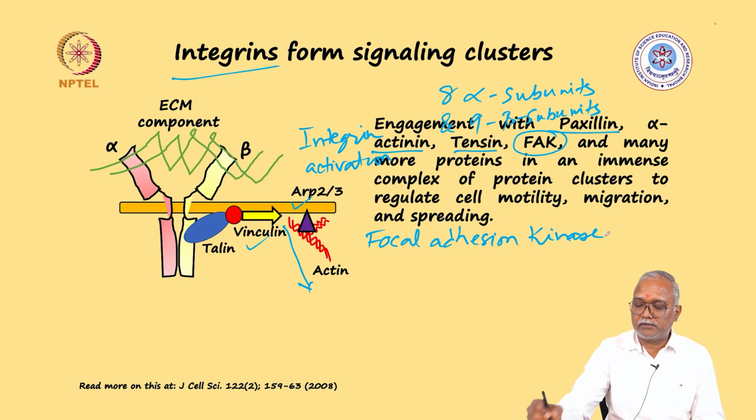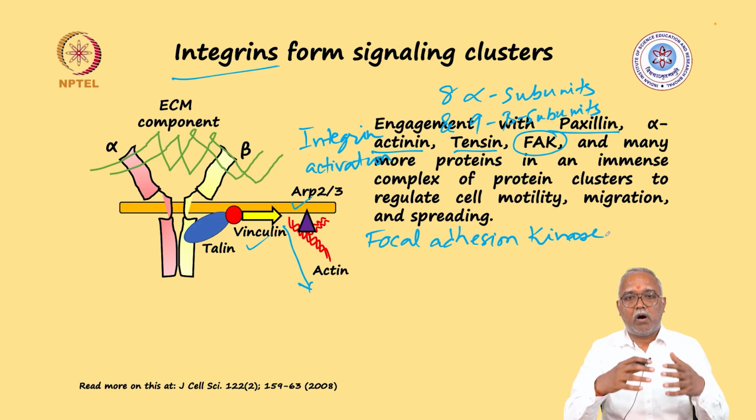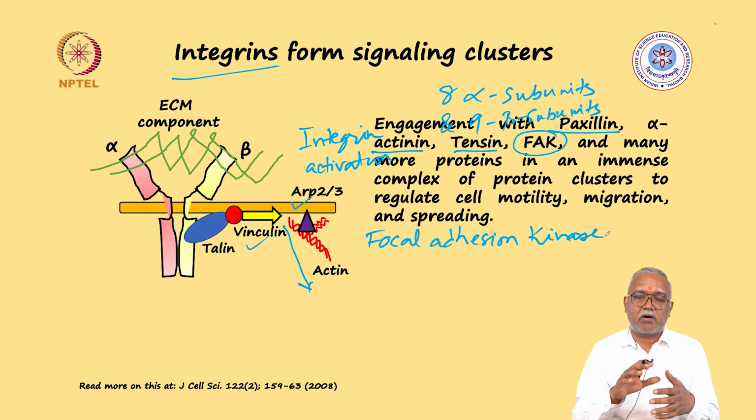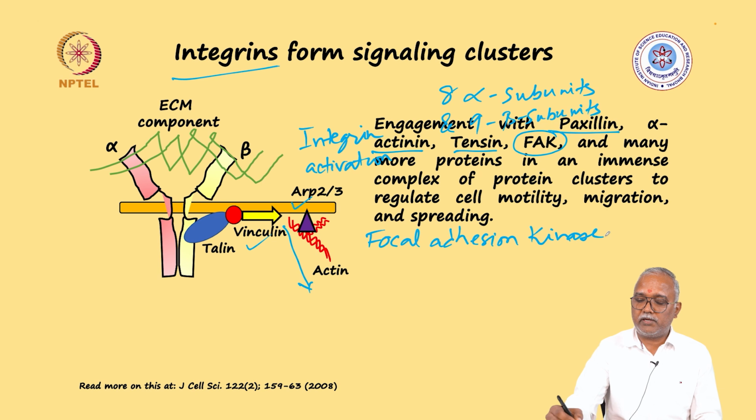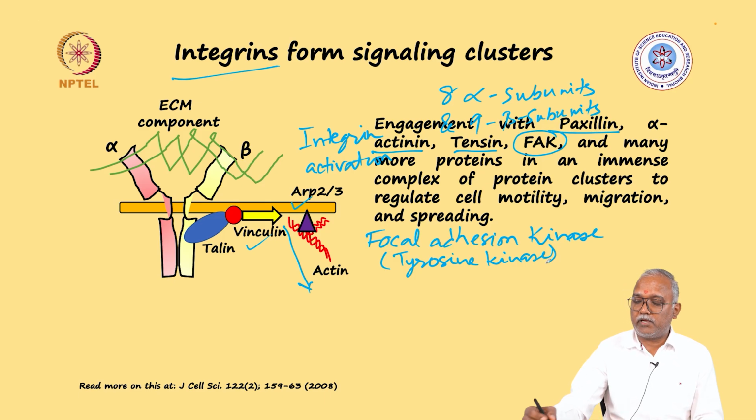Basically it gives a signal of how the cell is contacting, or where on its cell surface the cell is making contact with the extracellular matrix. You will see FAK getting localized over there, and this FAK is a type of non-receptor tyrosine kinase. You see how CaM kinase came in the beginning as a serine threonine kinase. Here we are seeing a tyrosine kinase. We will also see phosphatases associating with that.